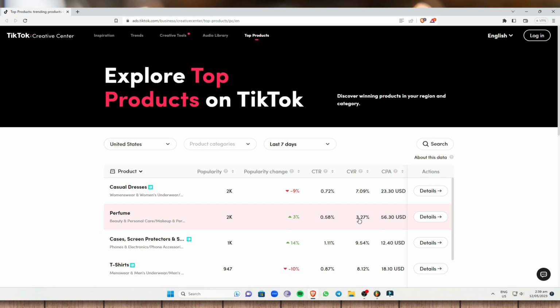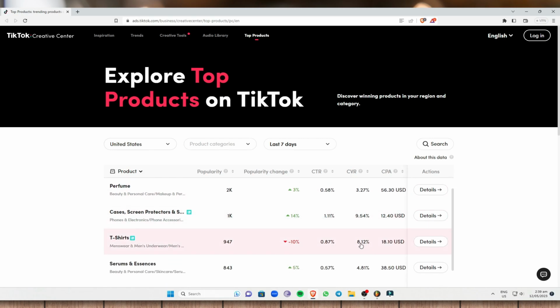So once the CVR or the conversion rate is lower, the CPA is higher. So make sure to put that analogy into mind. So as you can see right here, I have a higher CVR, my CPA is lower, and right here I have a lower CVR, the CPA is higher. So just make sure to put that into analogy if you want to pay for a certain product ad.